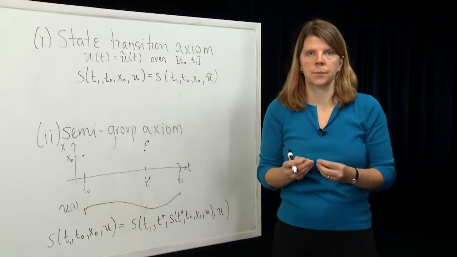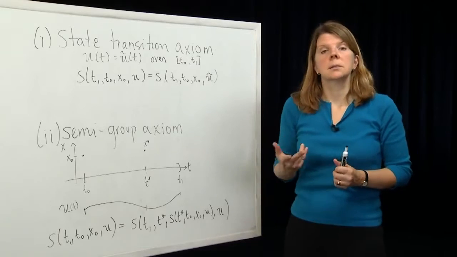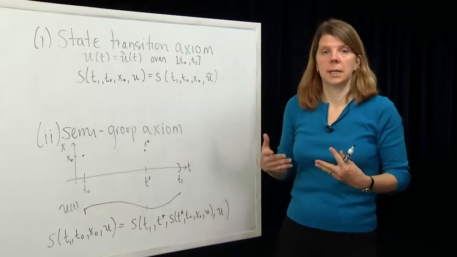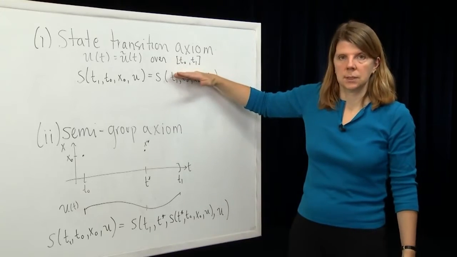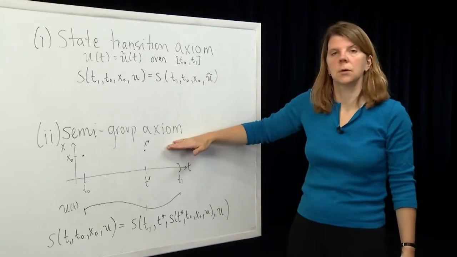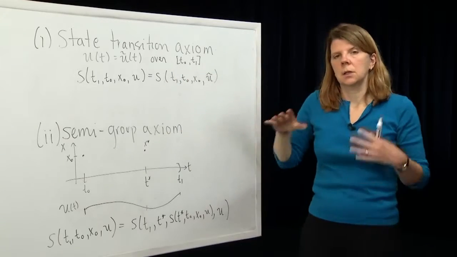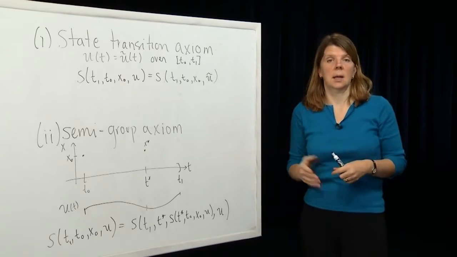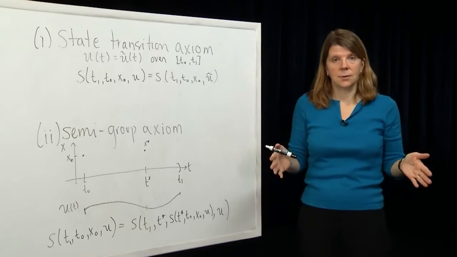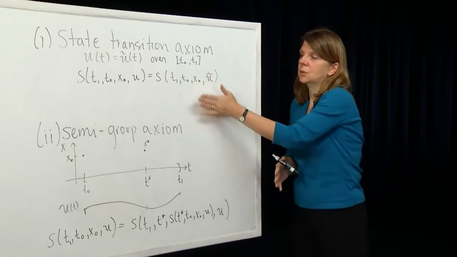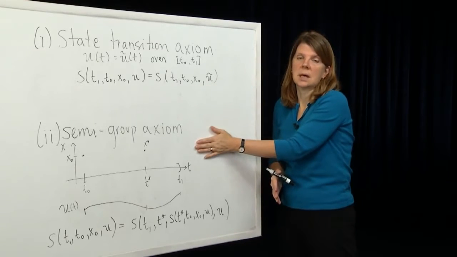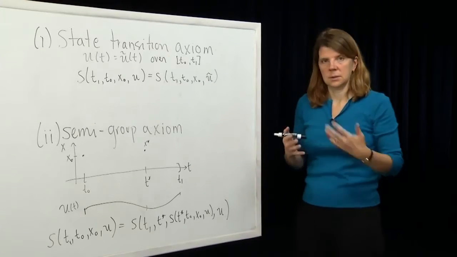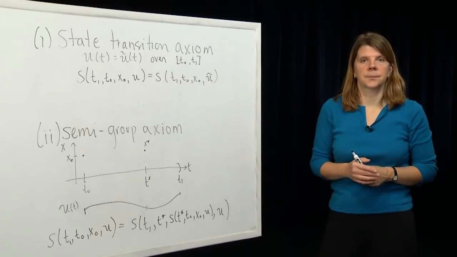They've been given to you. And then we have 2 axioms associated to the dynamical system definition: the state transition axiom and the semigroup axiom. If somebody gives you a candidate dynamical system and asks, is this a dynamical system? As long as you can identify those 5 components and you can show that these 2 axioms are satisfied, then you can say, yes, this is a dynamical system.